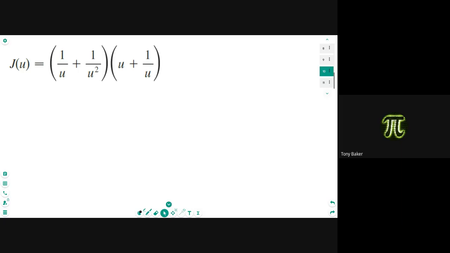Oh, you did 1 over u times u. Okay. The derivative of 1 should be gone. That's from this. Oh, that's the mistake. It's u to the negative 1. That's the error. Okay. Other than that, check your derivatives of those, because you did the derivative without the negatives.